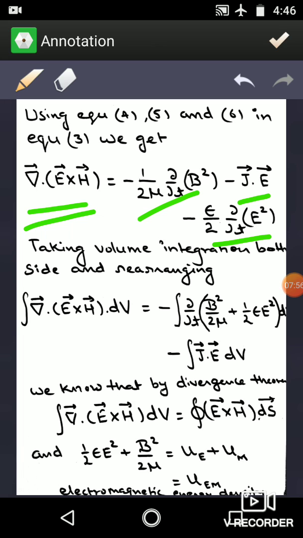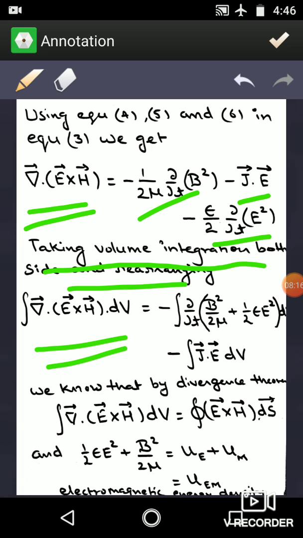Okay, now taking volume integration of both sides of the above equation. In the left hand side we get the integration of del dot E cross H dV. In the right hand side, the first and third terms are joined with each other.